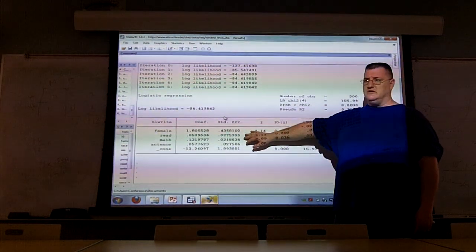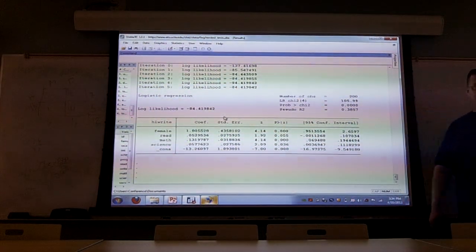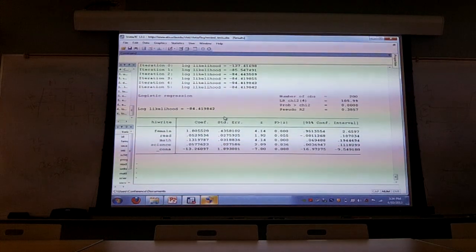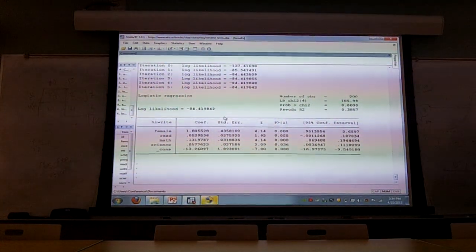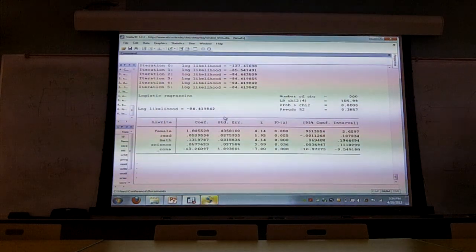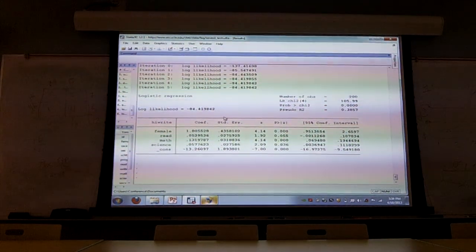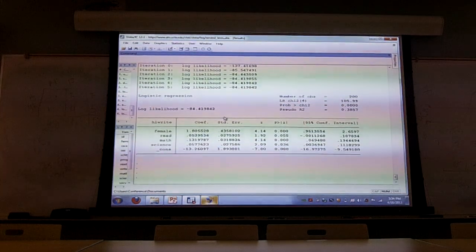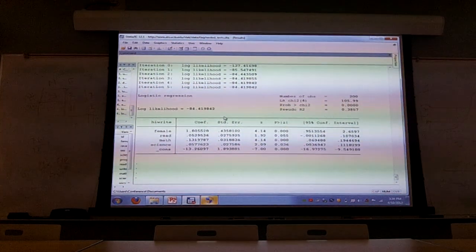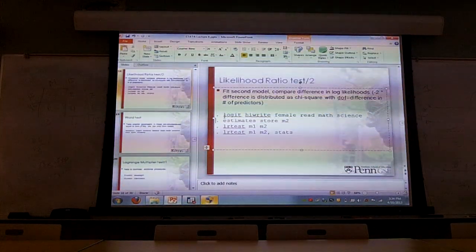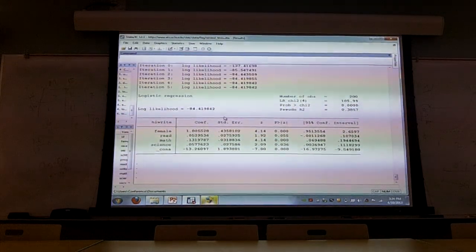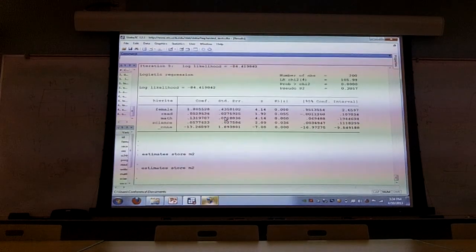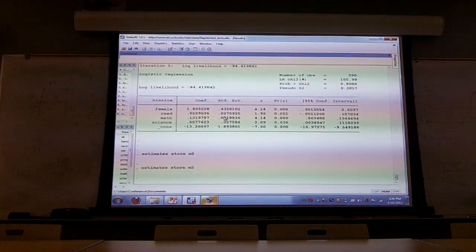That's what we mean by models that are nested: the parent model contains all of the components of the child model. And I'm just going to store this by saying estimates store M2.